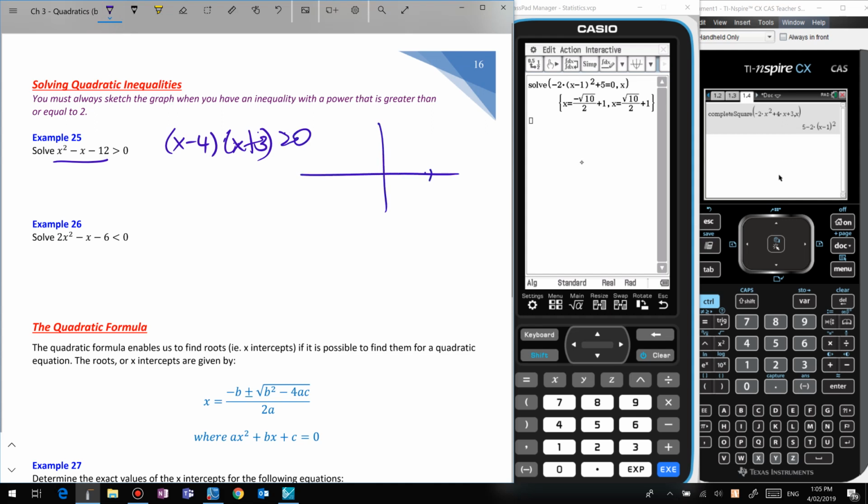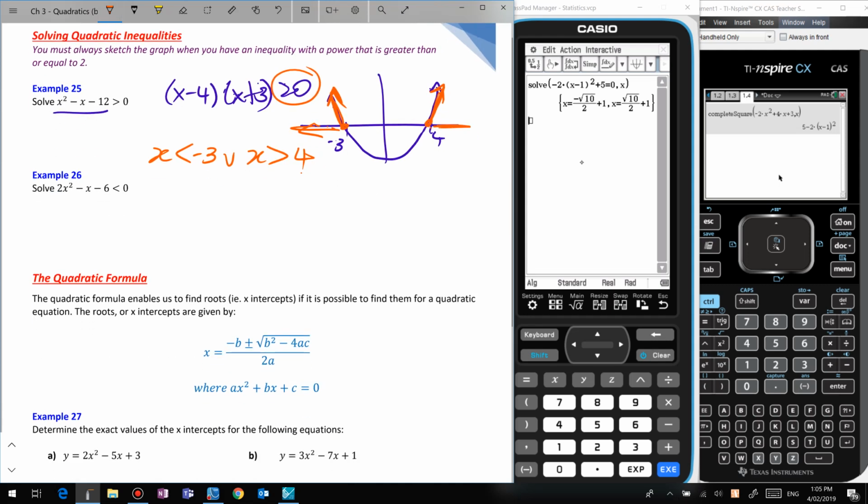When I sketch that, I get 4 and negative 3, and it's a positive parabola. Now I want to know when this graph is greater than 0. So it's greater than 0 there and there. So we say x is less than negative 3, or x is greater than 4.